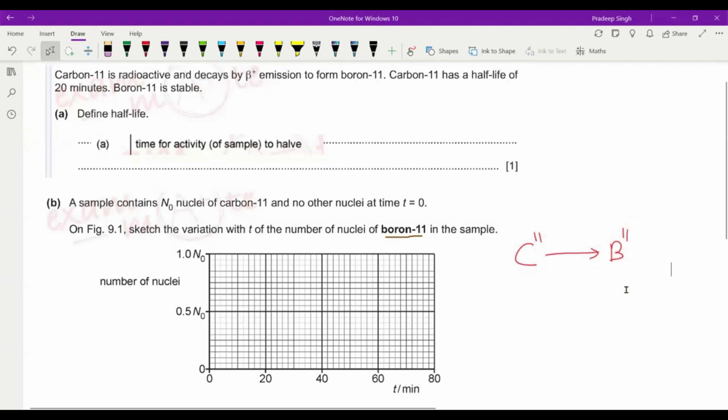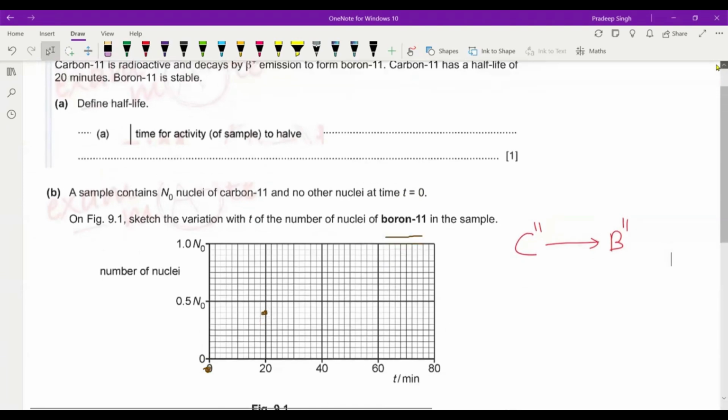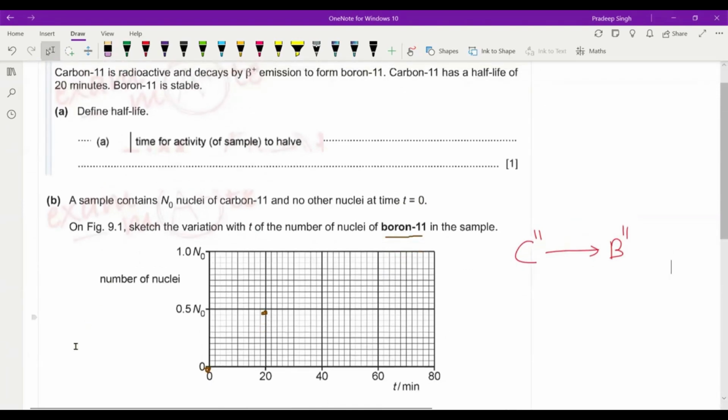At time 0 there'll be 0 boron, yes, and then at 20 it will be 0.5, because half-life is 20. Correct. Then after that it goes up by 0.25, so 0.75, correct. That's it. Good.